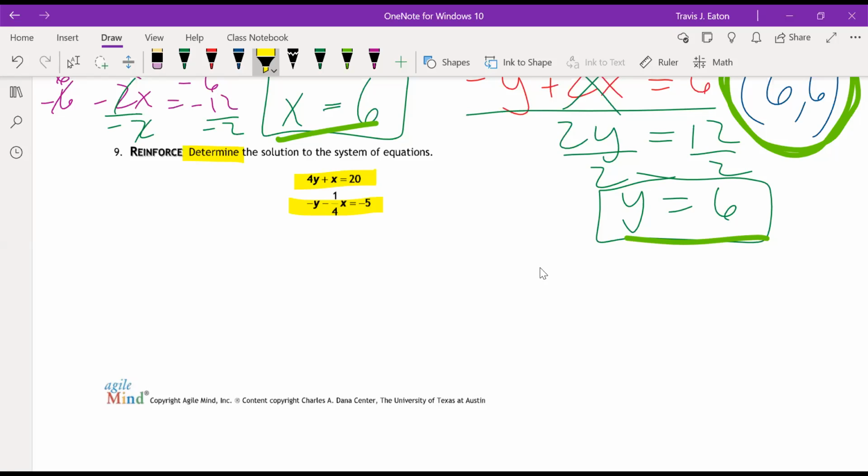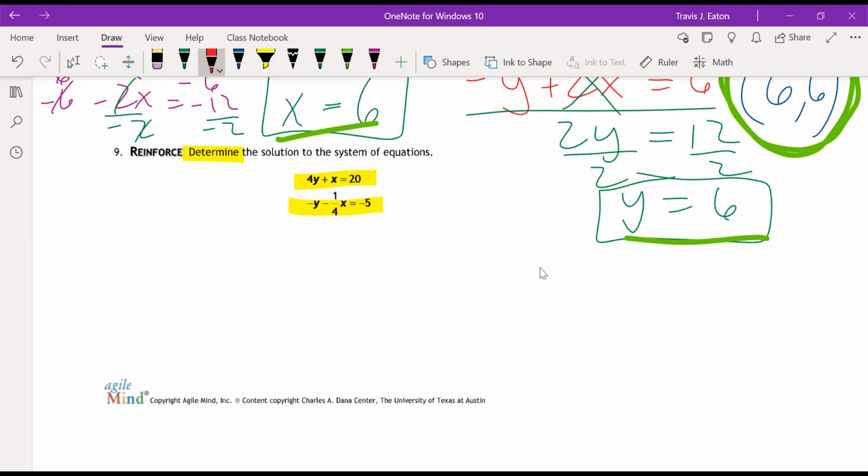And if we wanted to manipulate this, and we're going to need to because one won't just go into the other and cancel each out. So we can solve one for one variable in terms of the other. We're going to need to manipulate one of these equations.